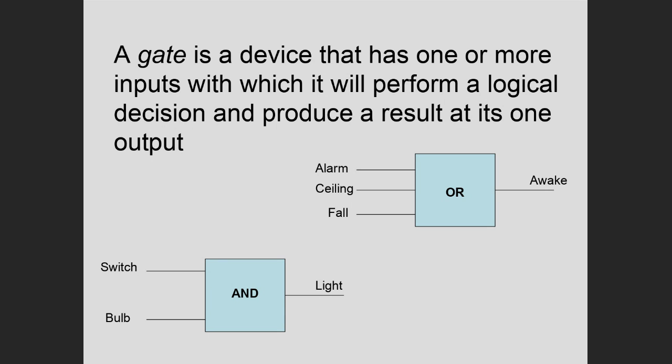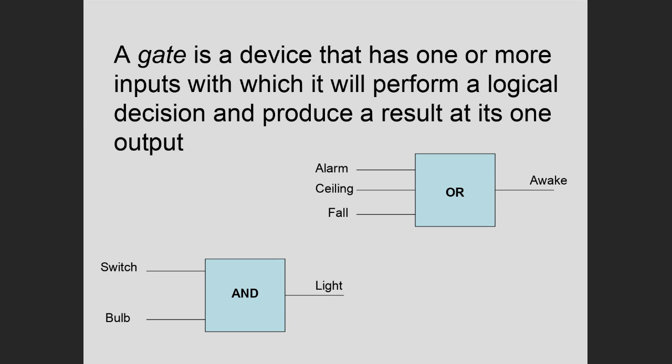Each gate or logic function will have a logic circuit, which is the way you program it into the PLC. And each gate will have something called a Boolean expression. So we'll talk a little bit about that today. The Boolean expression is kind of a mathematical way. It's the algebra of logic. So it's kind of a mathematical way of representing logic circuits.